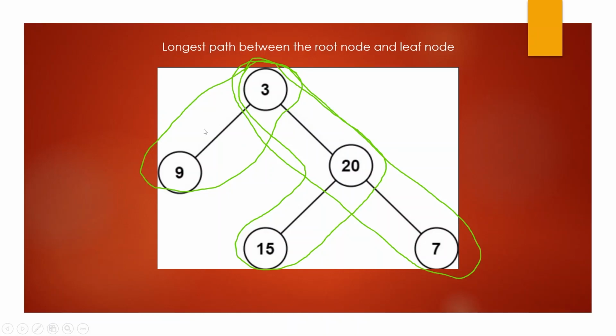Now the height here will be 2 because that's the number of nodes coming in between them. So we have 9 and 3, 2 nodes here. While going from 3 to 15 we have 3 nodes, 3, 20, and 15. While going from 3 to 7 we have again 3 nodes, which are 3, 20, and 7. So what was the maximum height of this tree? It will be 3. I hope you got it.